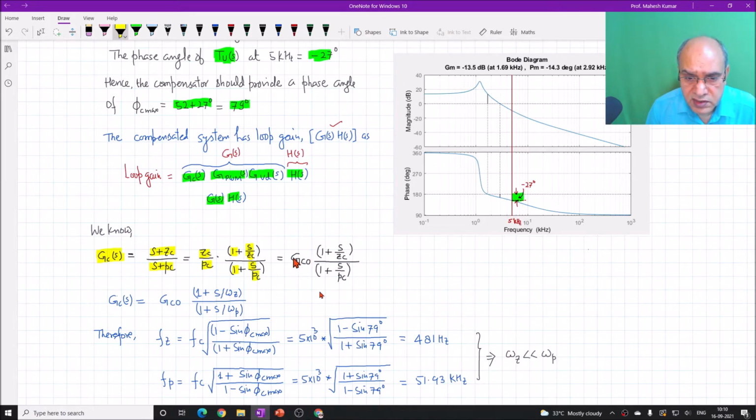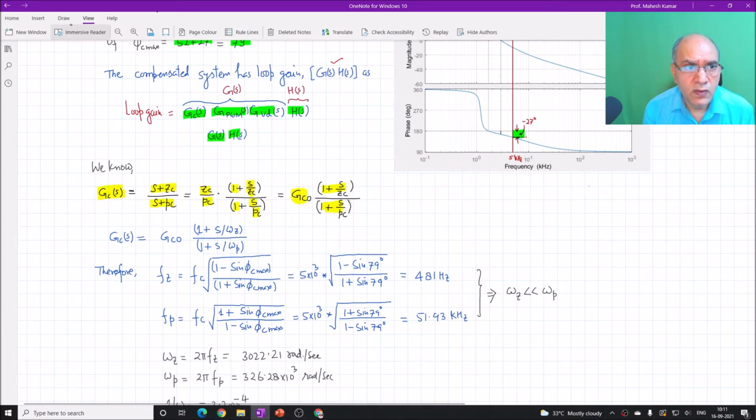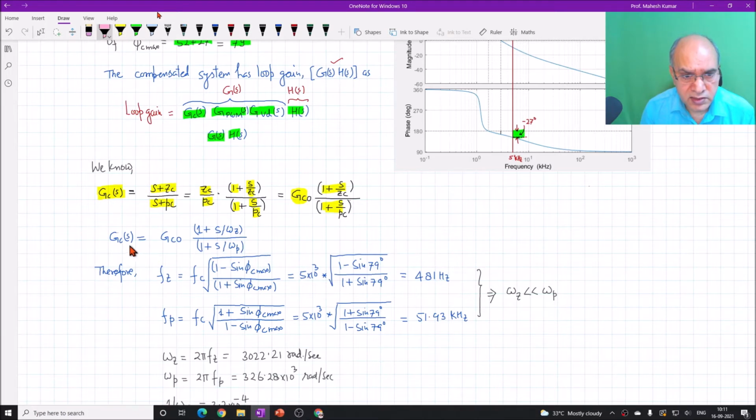And this becomes the DC gain when S is equal to 0, GC0 into (1 plus S by ZC) and (1 plus S by PC).